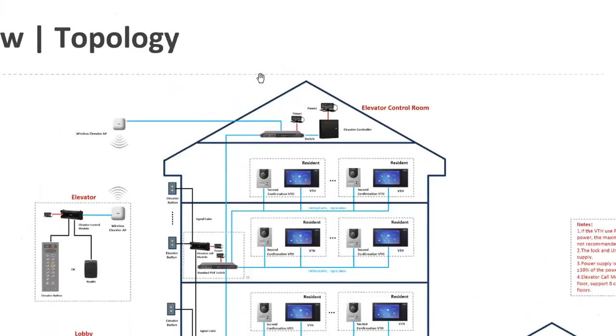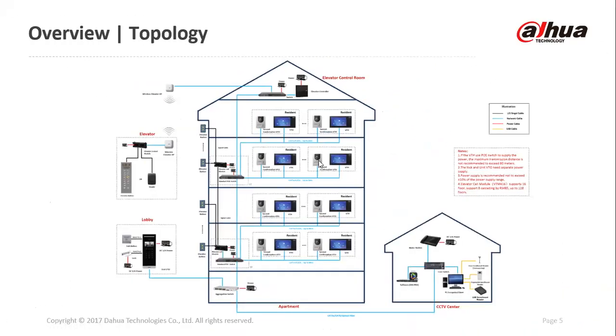Between the lift and the main bus, you have wireless devices that are used to create a connection between the elevator controller and the overall system. In the machine room you also have a controller with customized software.